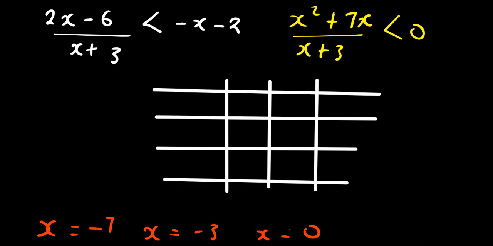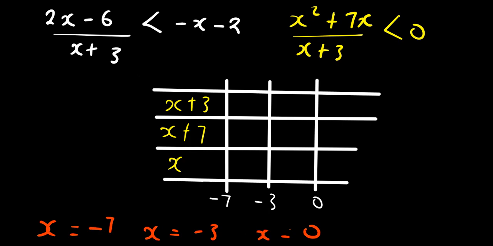So let's write our equations. One of them was x, which we equated with 0. Then the other one was x plus 7. Then the other equation was x plus 3, like that. Okay, so now the values of x from the smallest to the largest, we've got negative 7, negative 3, just as they are down there.